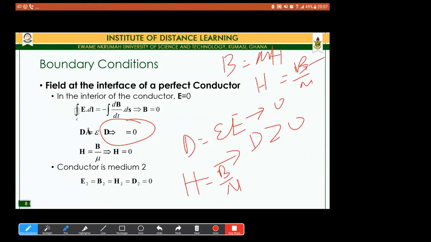Since B is 0, then H must also be 0. So in other words, in medium 2, all the parameters are equal to 0. E2 equals 0, B2 equals 0, H2 equals 0, and D2 equals 0 in medium 2.